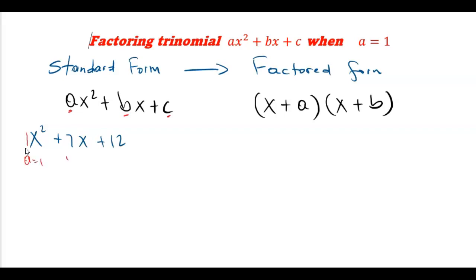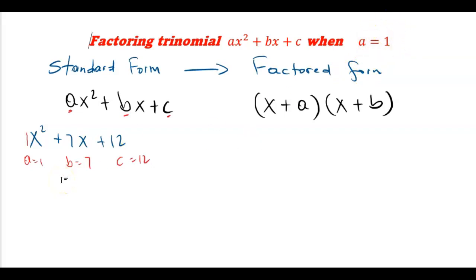The b value is the number in front of x, which is positive 7. And the c value is the number that's alone, which is 12. That's very important. For all the examples in this video, the a value is equal to 1.